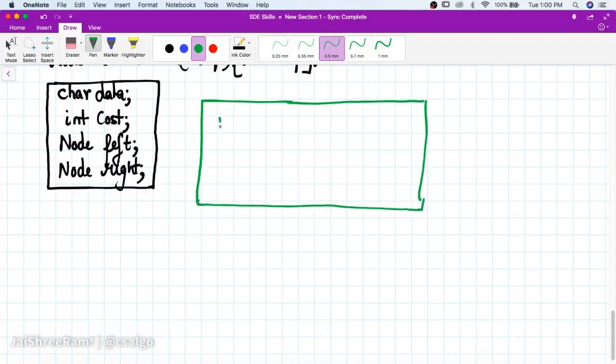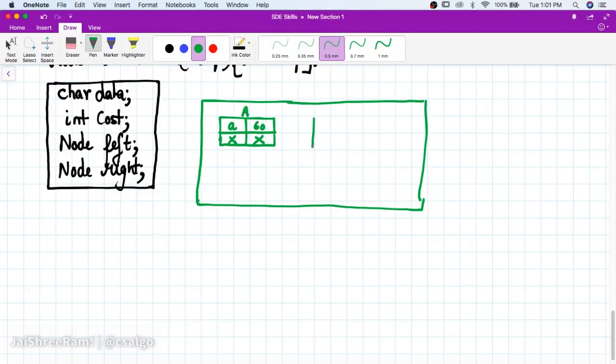So let's say this is node 1. This node will have four things available. Its left is null, initially right will be null, its data is A, and its cost is 60. So these are the four things for this node A.